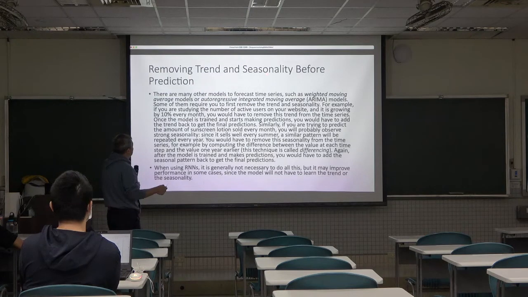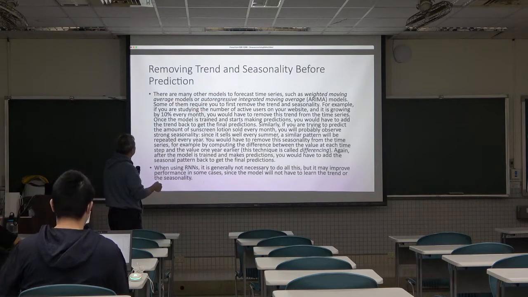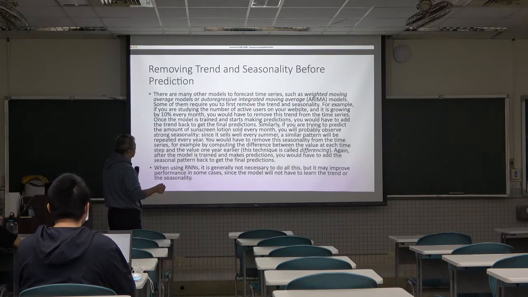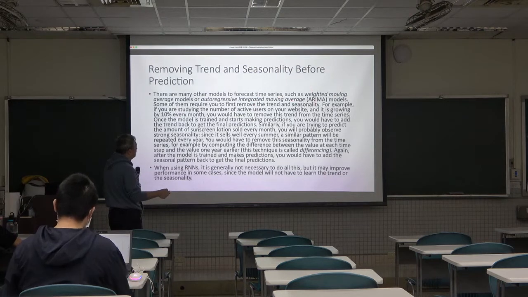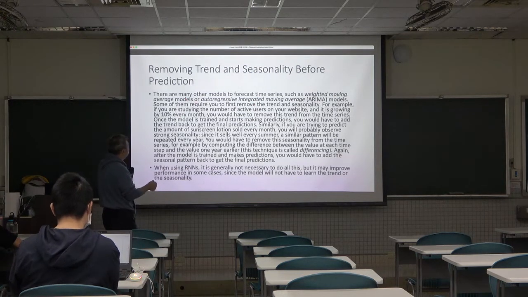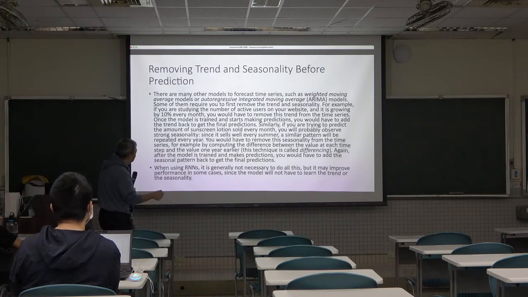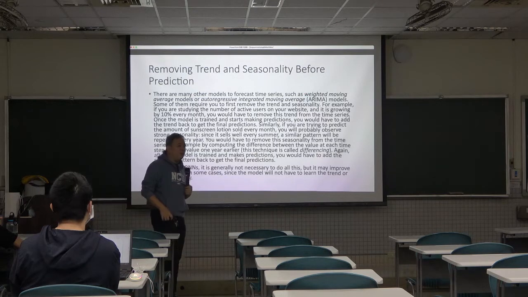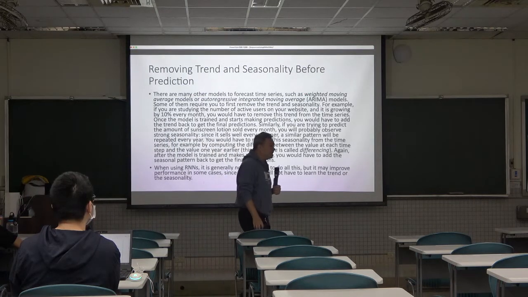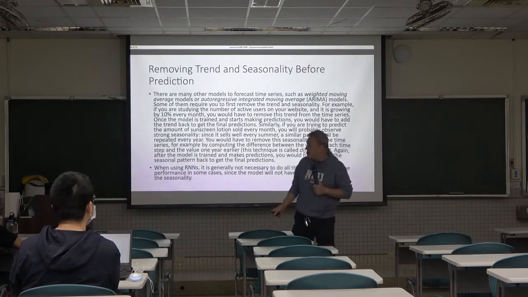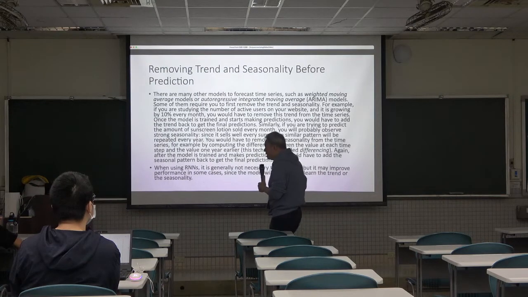There are many other models to forecast time series, such as the weighted moving average model or the autoregressive integrated moving average, abbreviated as ARIMA. I'm not sure if your background is from mathematics or statistics, but the word ARIMA should ring a bell.